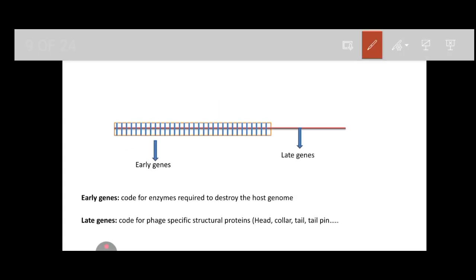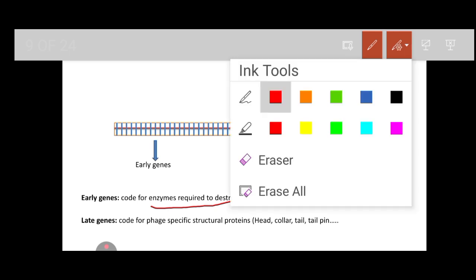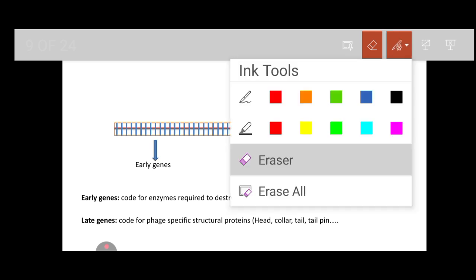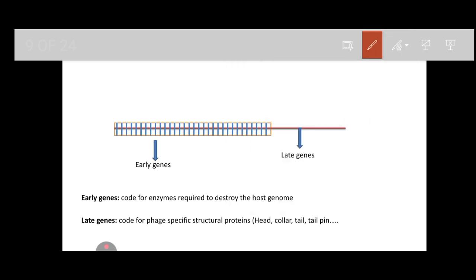Early gene is known for synthesizing enzymes required to destroy the host genome. Early genes code for enzymes that destroy the host genome.